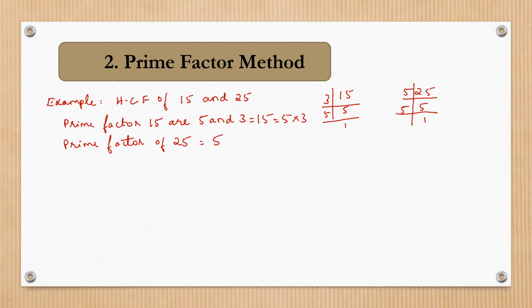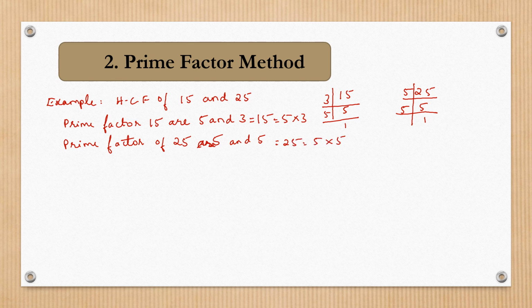As you know, 5 5s is 25. The prime factors of 25 are, let's write, 5 and 5, as 25 equals 5 into 5.